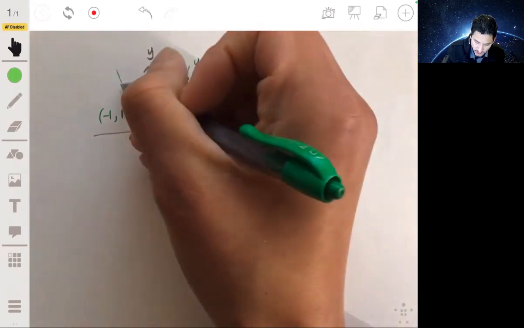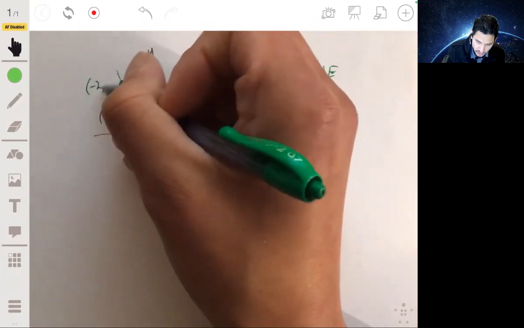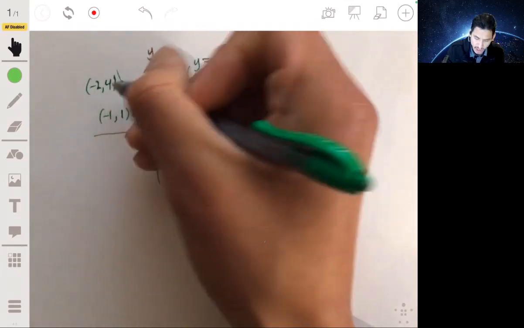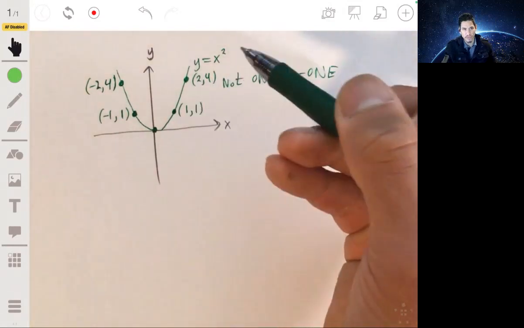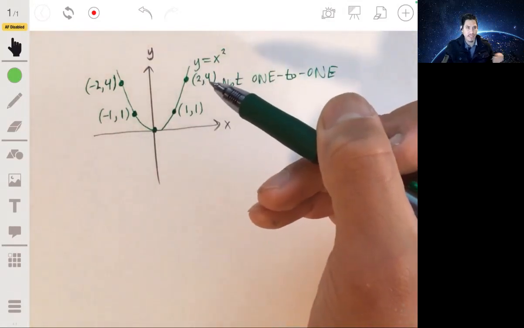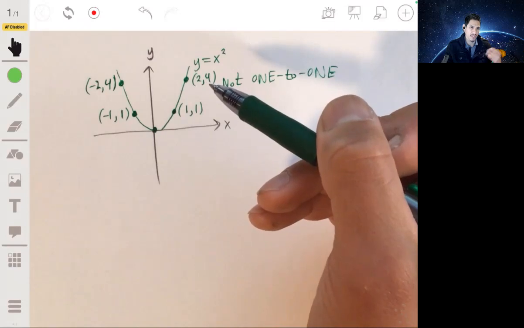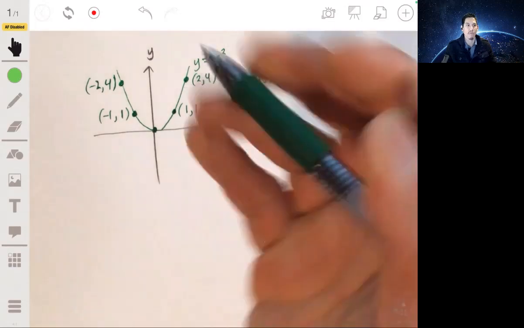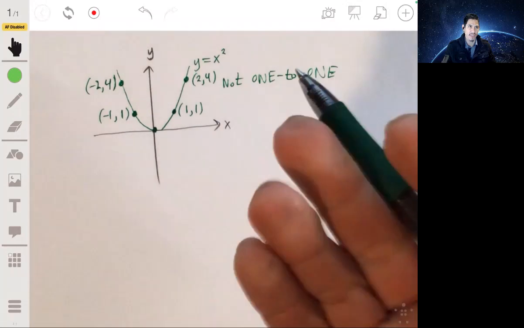But to get 4, as you know, you can also have x equal to -2. Again, you want every y value to have only one x value that you can get it from.